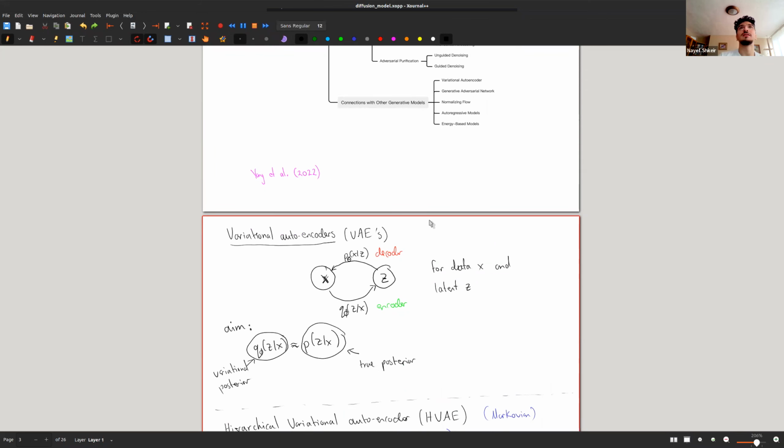But yeah, before we get into the actual model, I thought it would be good to have a little bit of a refresher on variational autoencoders.